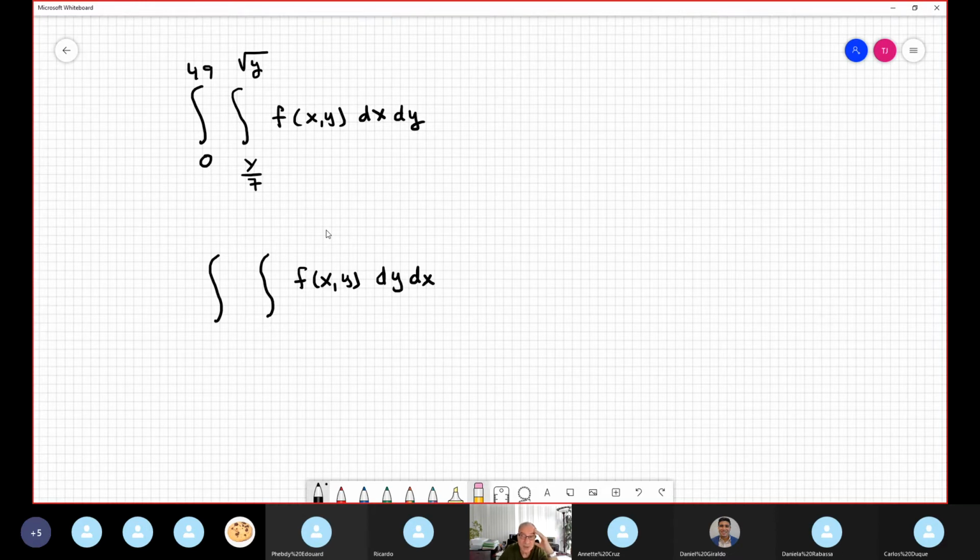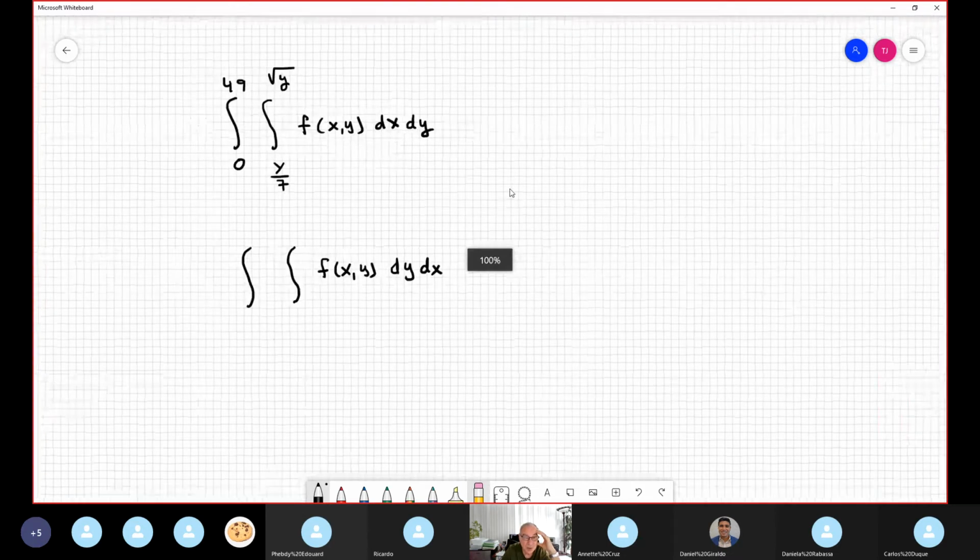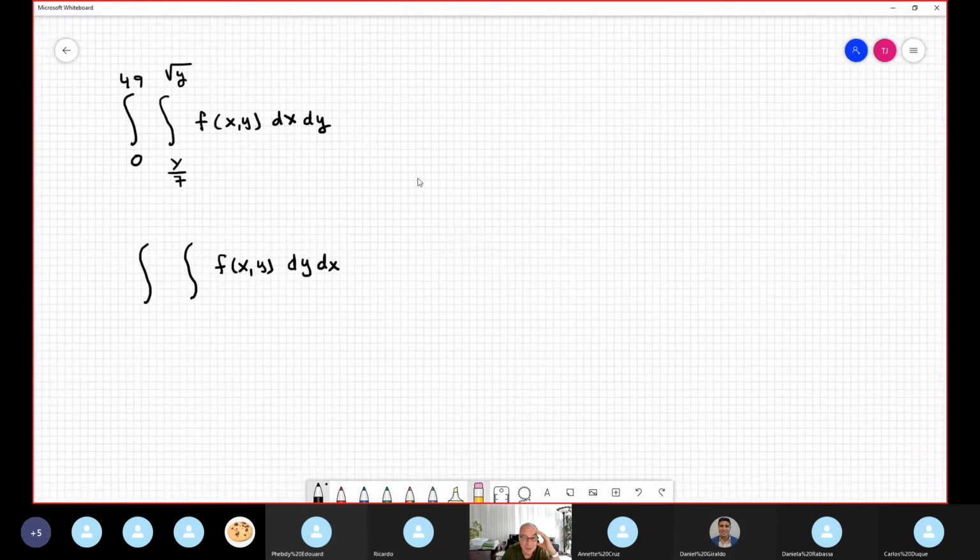Okay. Then I need to draw the region. Remember, we are doing the region graphically. In that way, look, if you integrate with respect to x, this value is the x value. So x varies from y/7 to square root y.